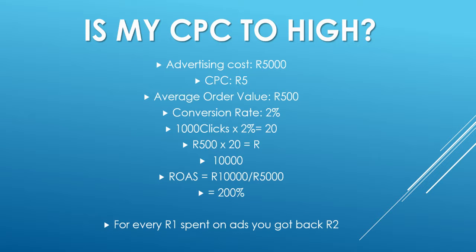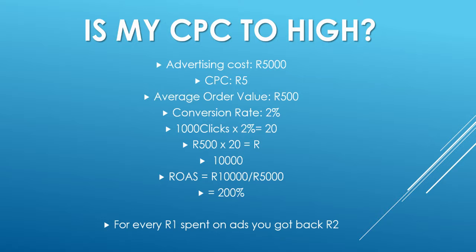And then people that are advertising usually ask, is my cost per click too high? So let me go through this example again. Let's say your advertising cost is 5,000 Rand, your cost per click is 5 Rand, and the average order value of the products that you sell is 500 Rand. And let's say we have a conversion rate of 2%, which is very typical on the internet and for e-commerce.